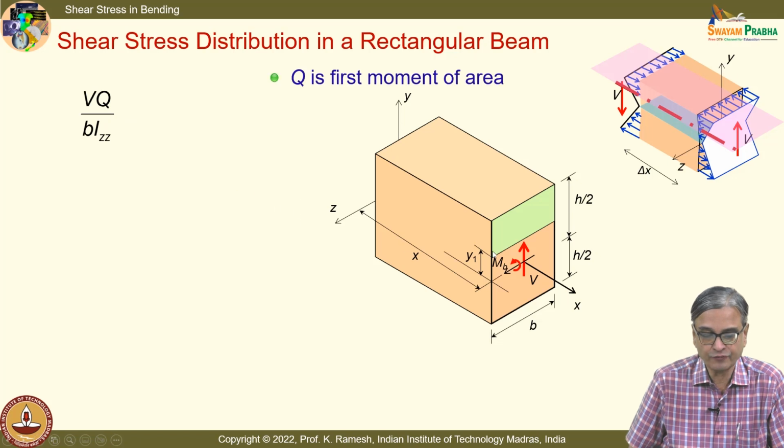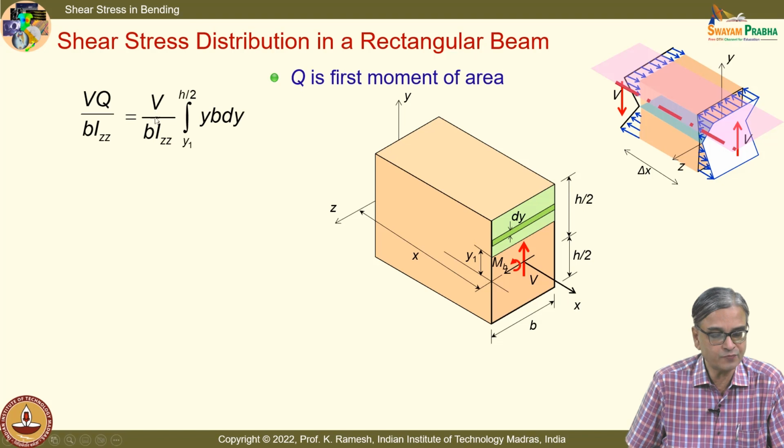That helps you to find out what is the shear stress acting on this surface, which is located at y1. And we have also written down a generic expression in terms of integrals, so that when you have a non-rectangular cross section, you can find out this Q comfortably, which you are taught in mathematics courses.